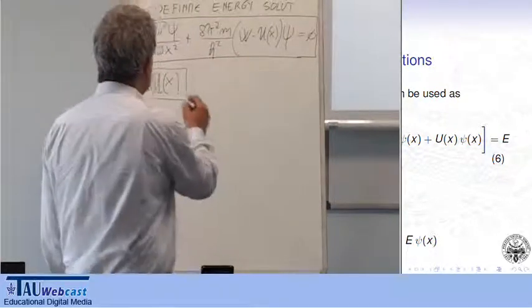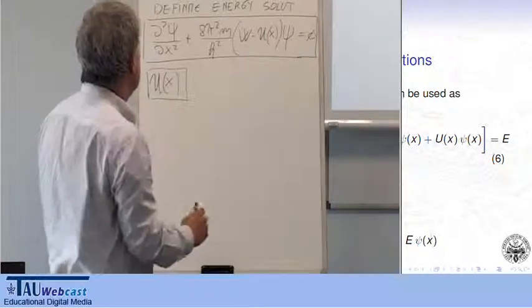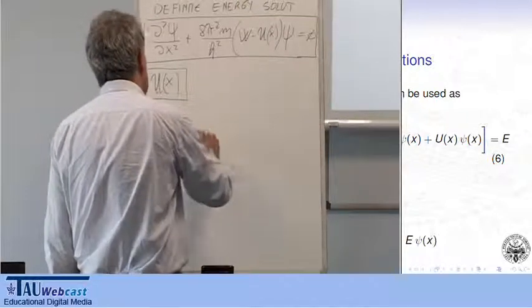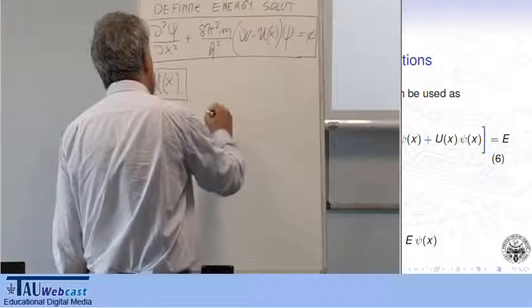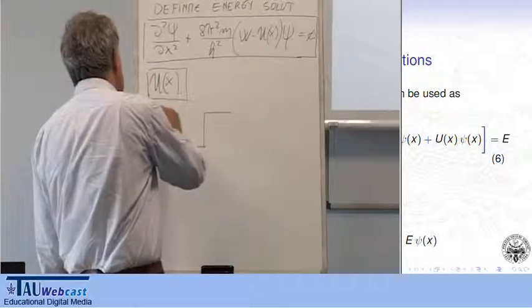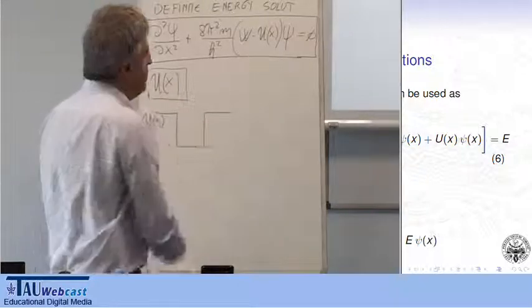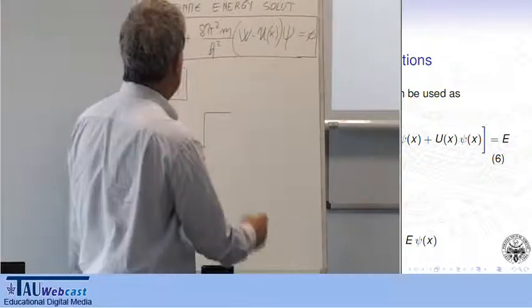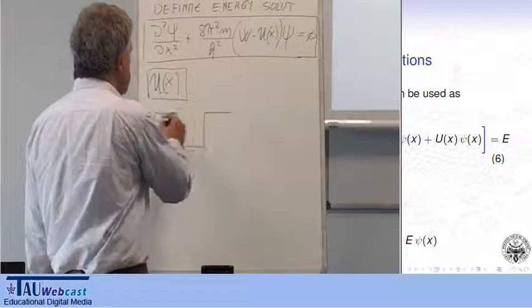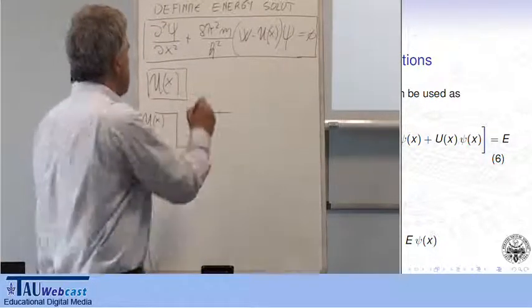So starting from the description of the system, for instance in semiconductors, the potential is well known like this. The electron can be bound to this system if the total energy of the electron is less than the height of this structure.